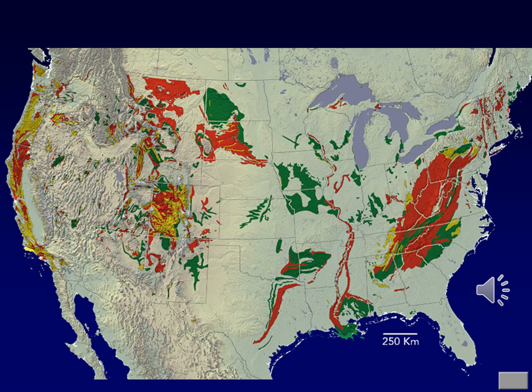So for example, we can see that there's a high association with mountainous areas, areas along the west coast where there are earthquakes, there's coastal erosion and heavy rain, areas along some rivers like the Mississippi where we have major flow of water coming through.